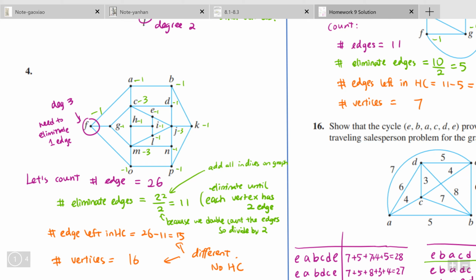So here we also get a contradiction. In this case, it's better to use this method because this graph is more complicated and there is no vertex with degree 2 that you can start with. So the second method is easier.